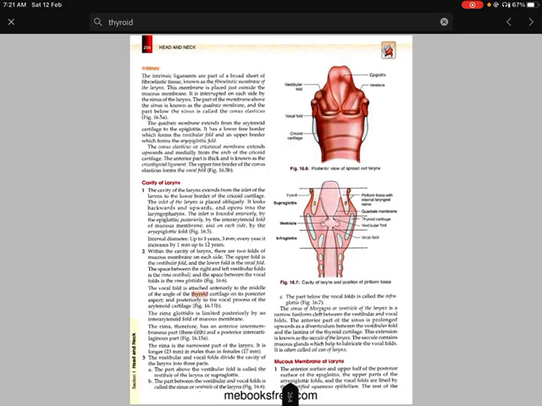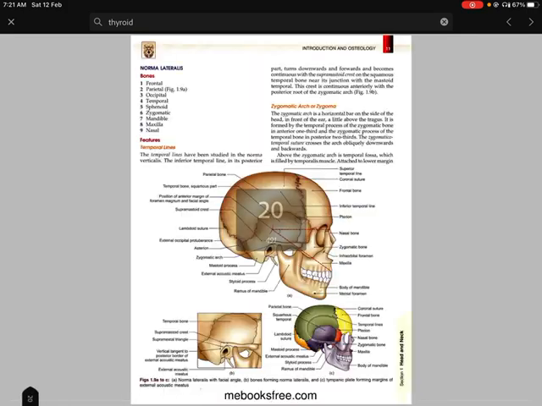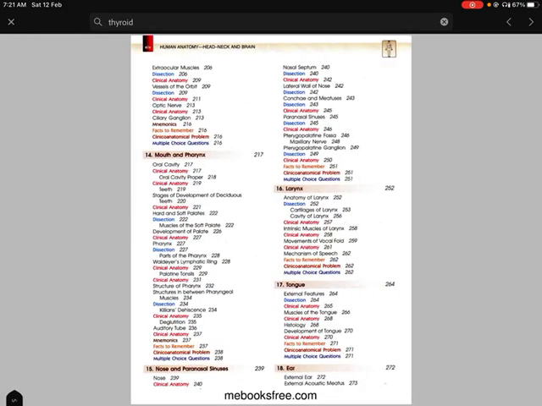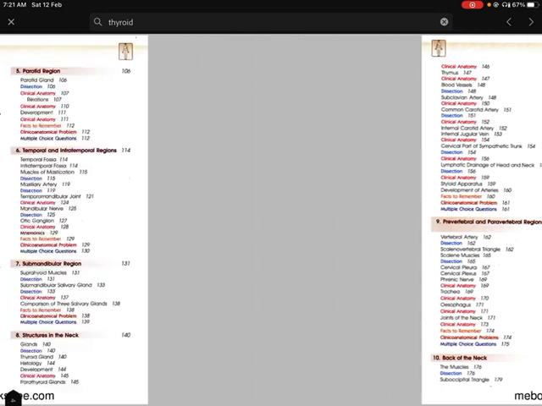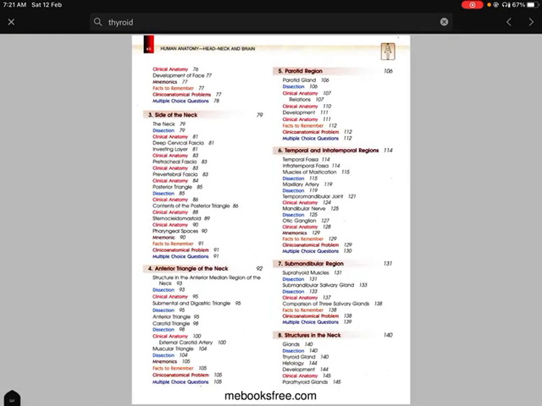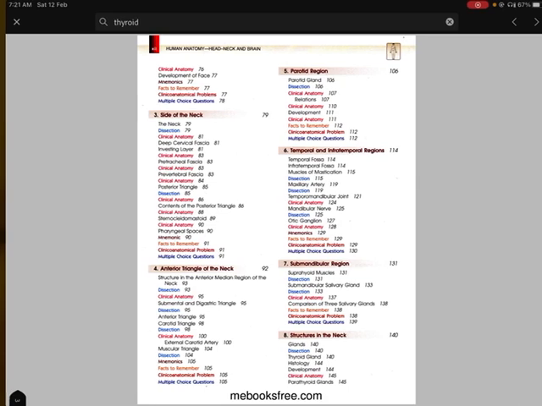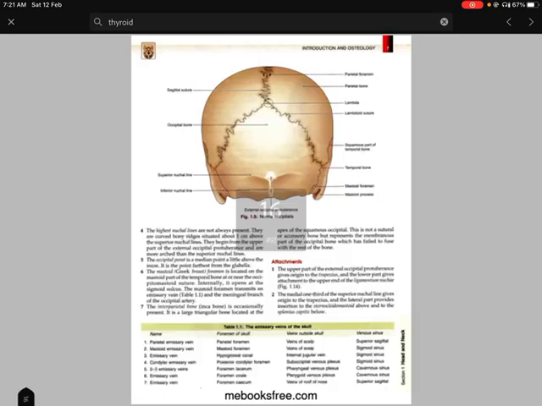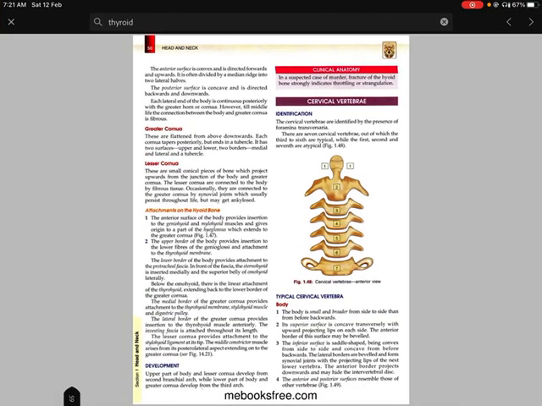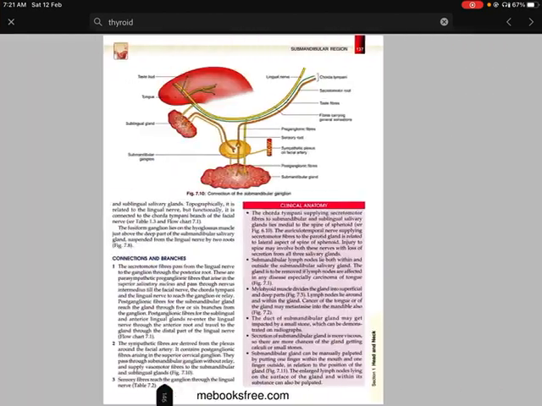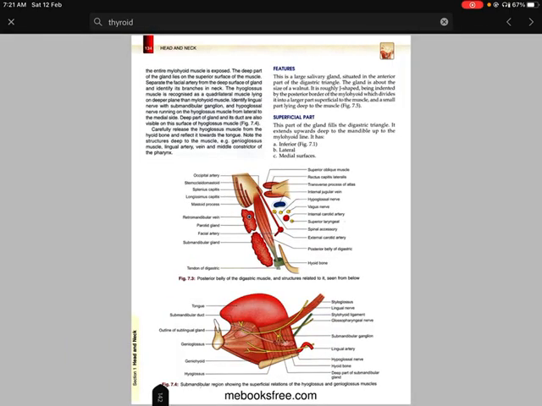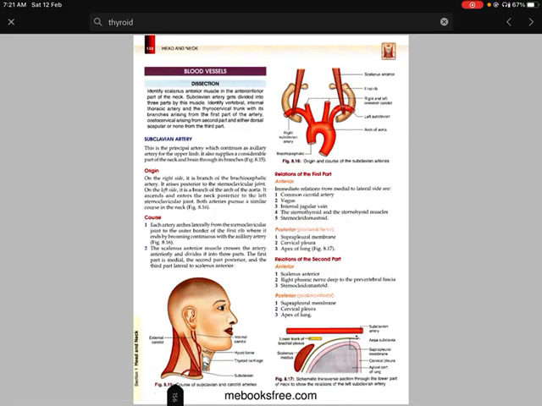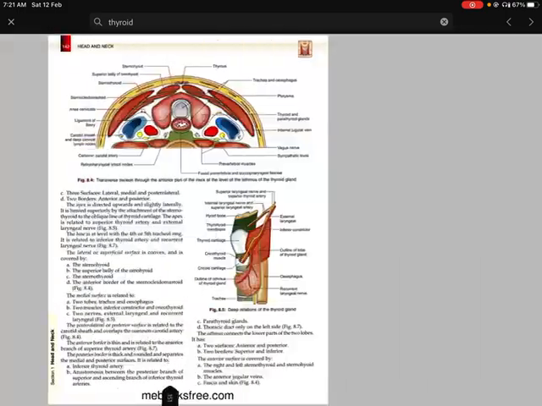I don't know if we'll find it. Contents, structures in the neck. So 140. Page 140. Yeah, it should be here. We have from 140 to 153.